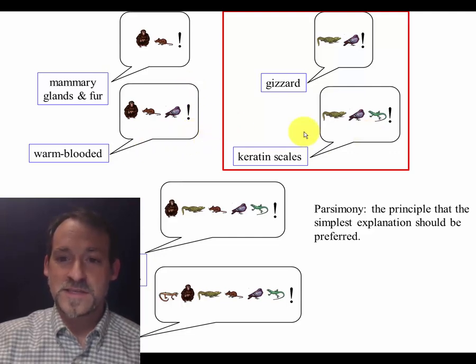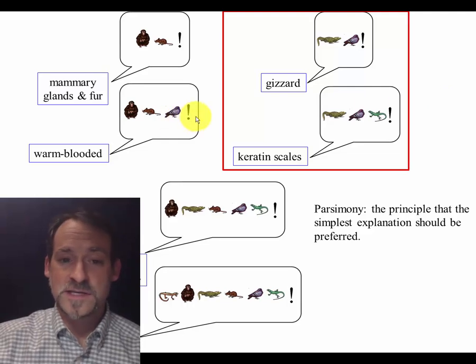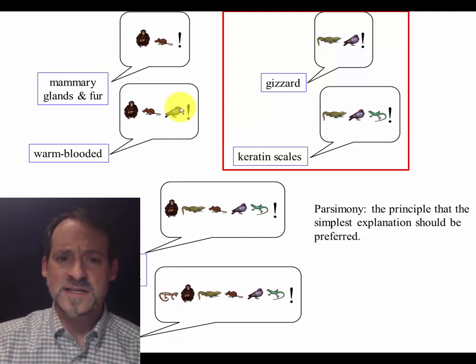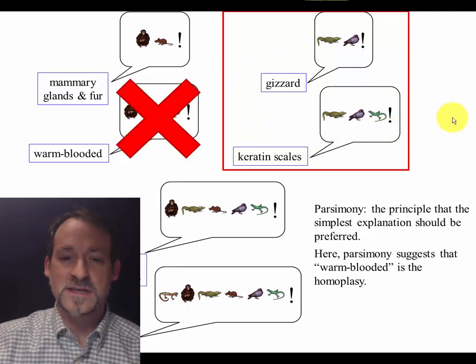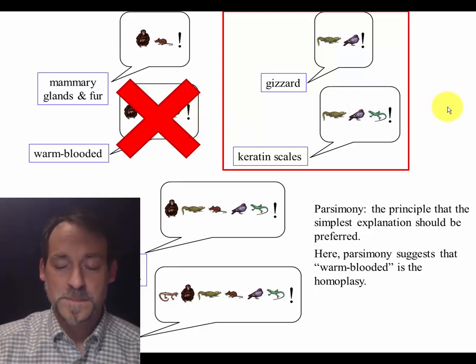The idea that these are both homoplasies requires two coincidences. The hypothesis that this is a homoplasy only requires one coincidence. And so we lean toward this being the correct hypothesis, and we toss out this trait as a homoplasy.